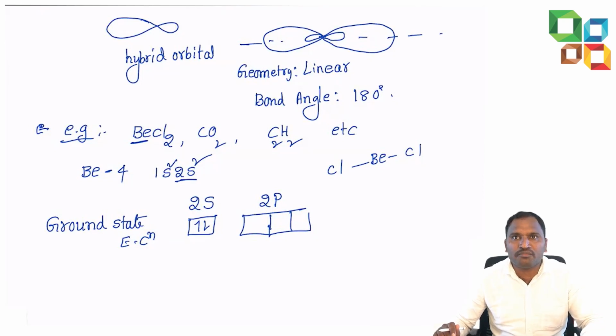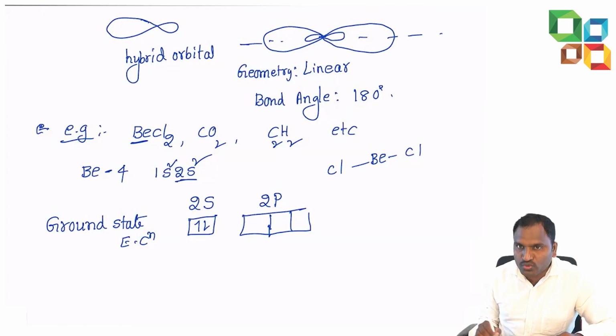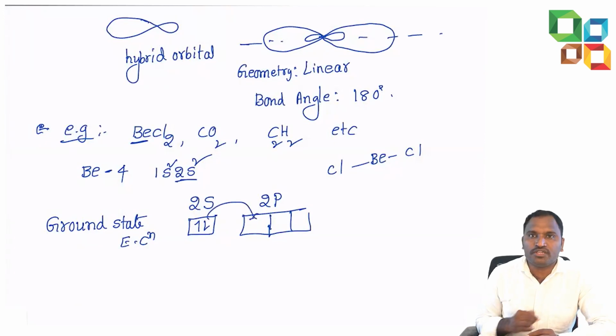Orbitals which have unpaired electrons undergo overlapping. So we have to unpair this pair. Easily it won't happen, so you have to give energy. If you give energy, this electron will be promoted to 2p.